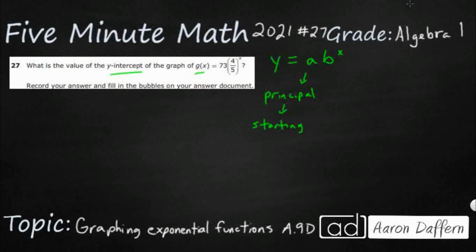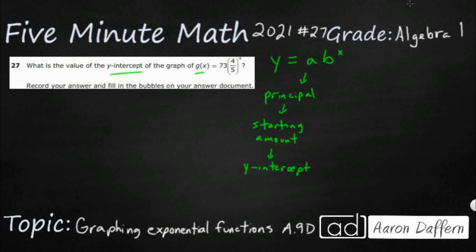Sometimes we'll get problems that deal with population growth or bacterial growth, and something grows or decreases exponentially. There's always a starting amount, and that's what this a is. But for our purposes, we can also view a as the y-intercept, exactly what we are looking for.